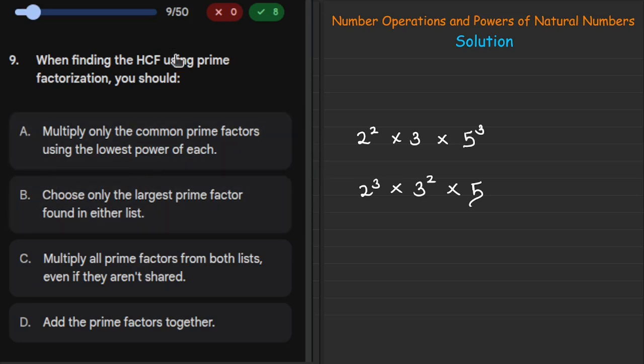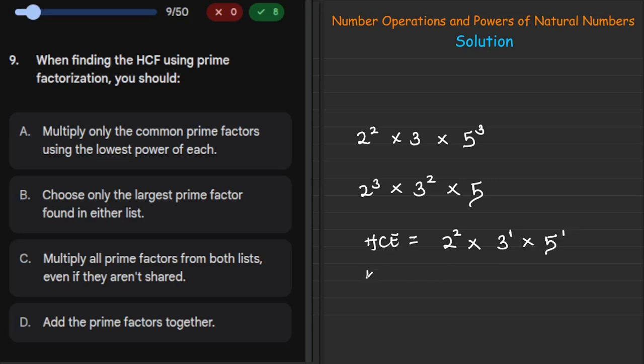When you want the highest common factor for this number and this number, what we do is we take all the prime numbers that occurred. So 2 occurred, 3 occurred, and then 5 also occurred. For the highest common factor, among the 2's we are going to take the one with the lowest power. So in this case, we'll be taking 2. For the 3, we'll be taking 1. And also for the 5, we'll be taking 1.